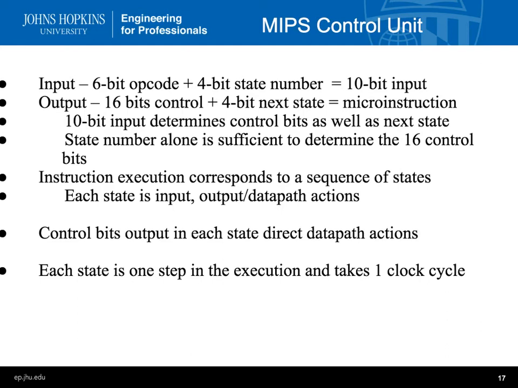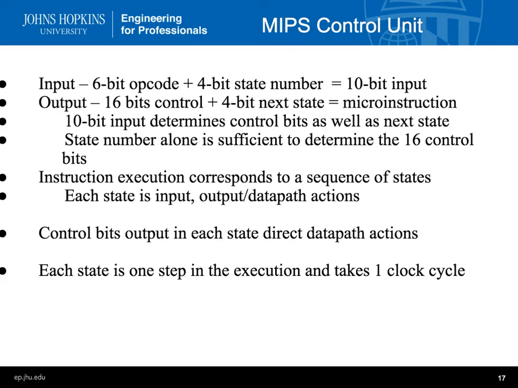So phew, getting complicated. We're putting it all together. Again, for our control unit, our input is the opcode and where we are now. So that's a 10-bit input for each instruction. Output is going to be the 16 control bits and where to go next. And that's the micro instruction.